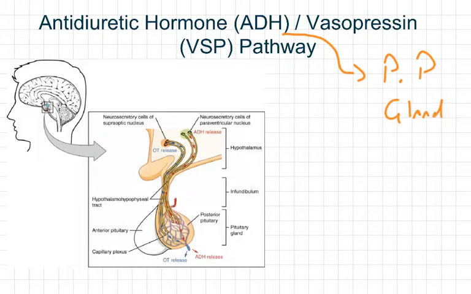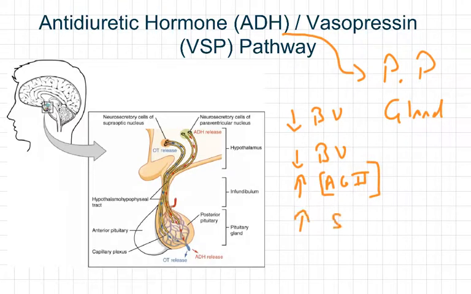So in response to drops in blood volume, drops in BP, also responses to increased concentrations of AG2, and increases in sympathetic nervous system activity, this triggers the hypothalamus here in the paraventricular nucleus to send a signal down to the posterior pituitary gland to release ADH directly into the bloodstream.